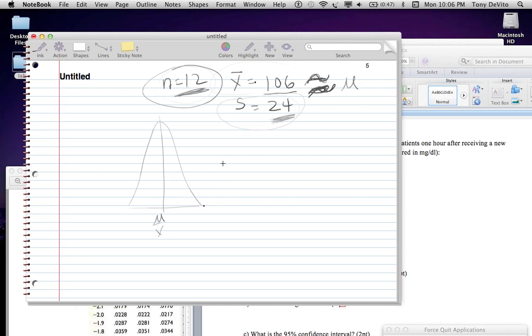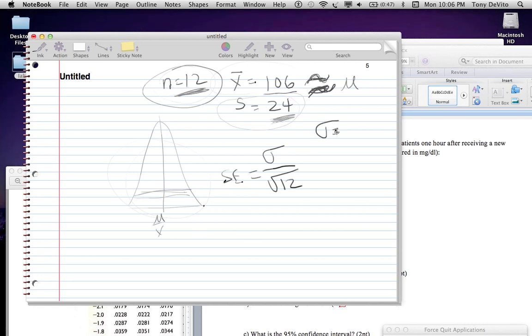Which I'm thinking X bar might approximate. And the spread, the standard deviation of all these samples, is going to be called standard error instead of standard deviation, and is equal to the standard deviation of the population divided by the square root of the sample size.